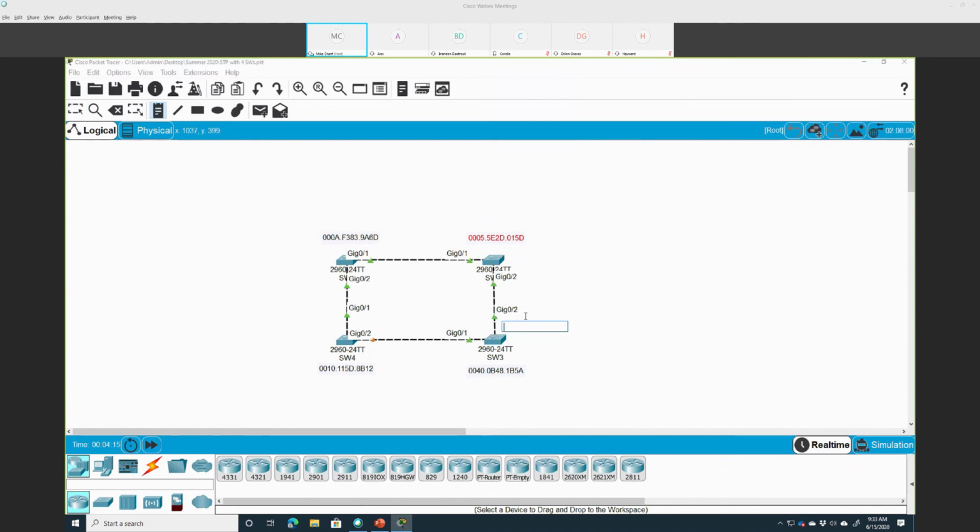This is what we call a root port. Why is this the root port? Because it's connected to the root bridge. Now, all other ports, this is also a root port.